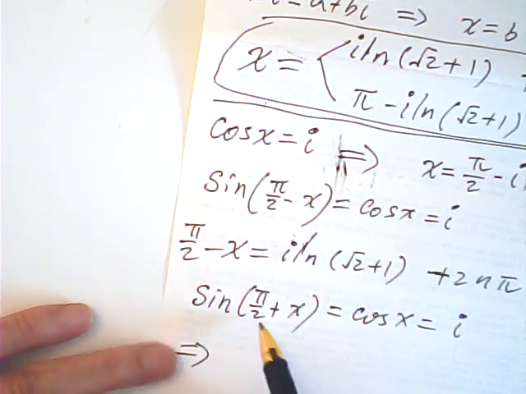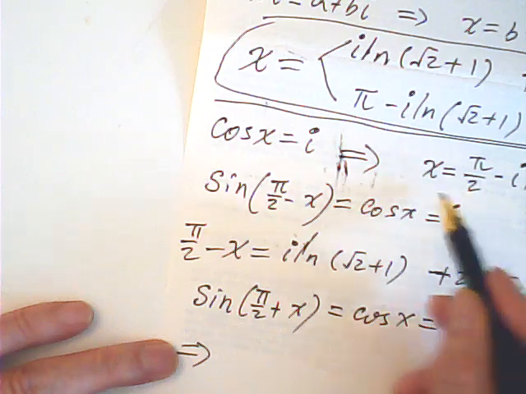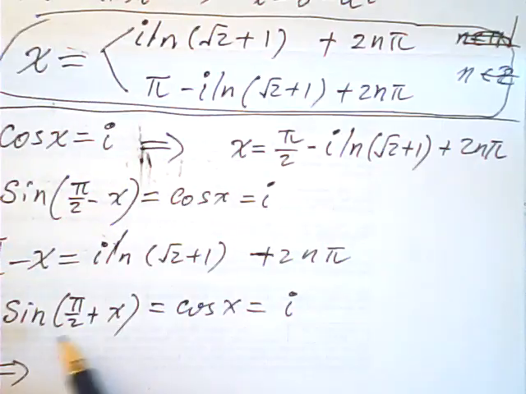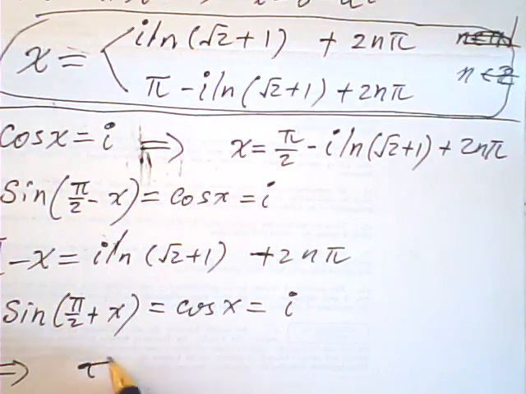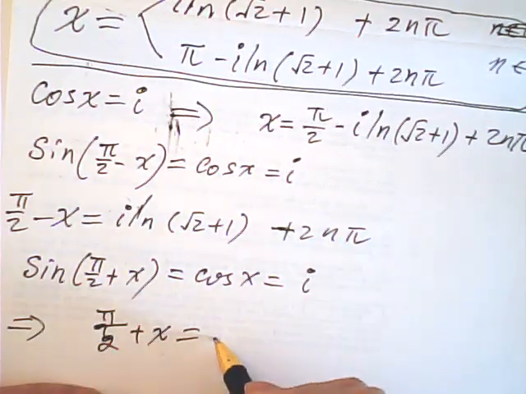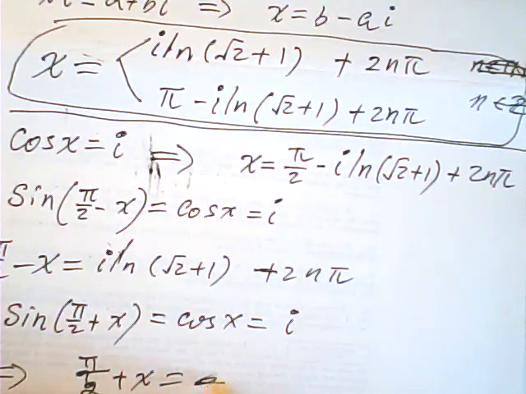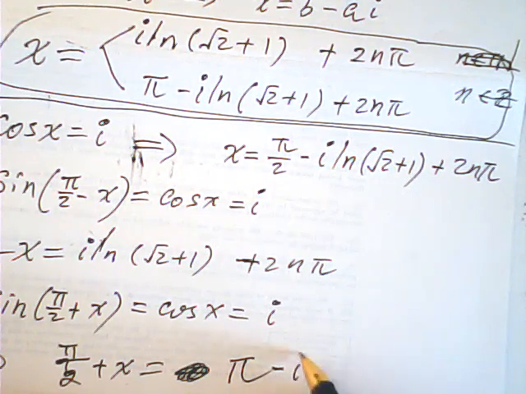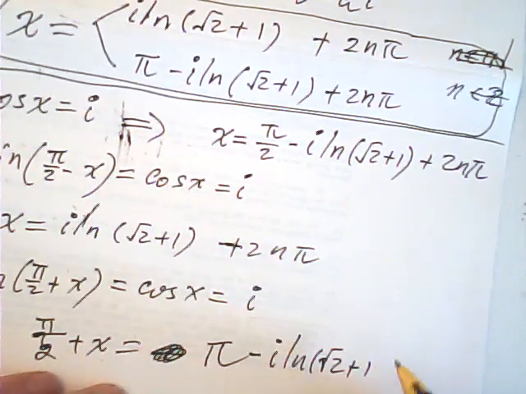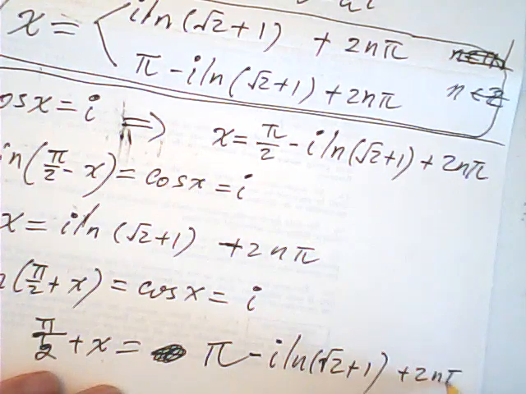So half pi plus this becomes pi minus i natural log root 2 plus 1 plus 2n pi.